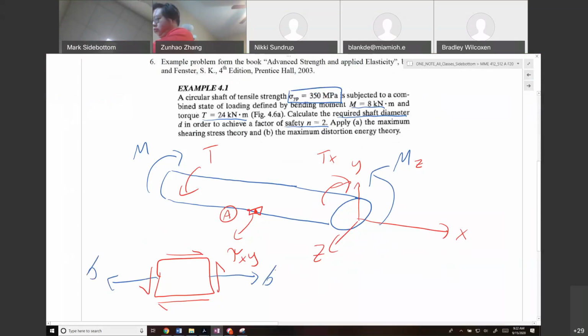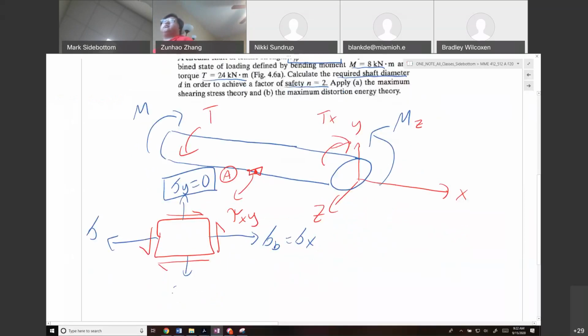In this problem, there are no forces along the y, no stresses along the y-axis. So in this case, we only have our normal stress and our shear stress.